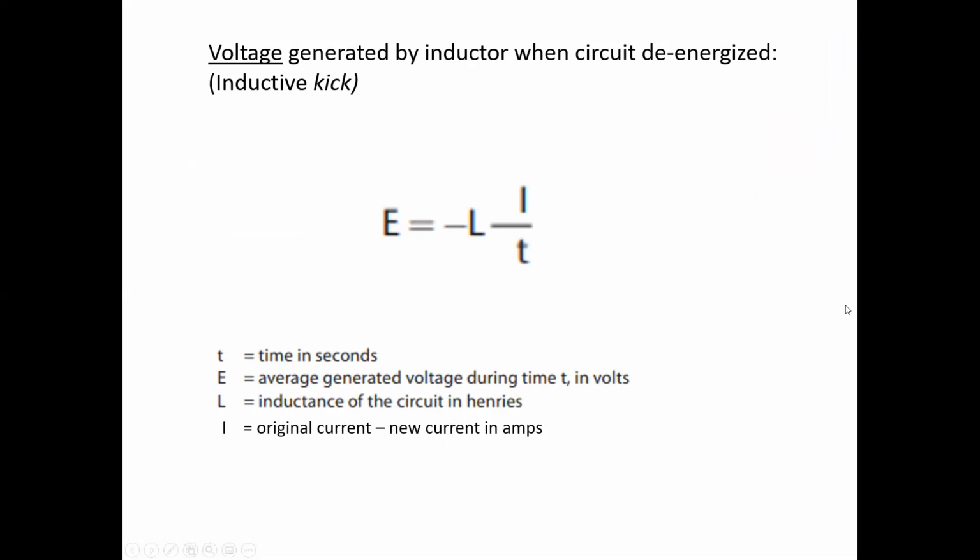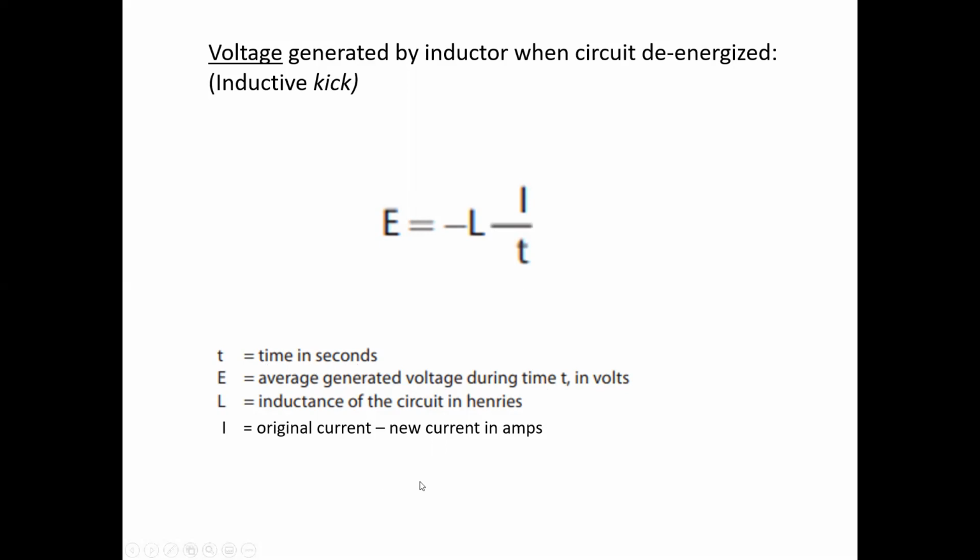We can calculate what the voltage will be, the inductive kick, with this equation. So E, the voltage, is equal to negative L, so that's the inductance in henries, multiplied by the original current minus the new current in amps, divided by T, which is the time in seconds.